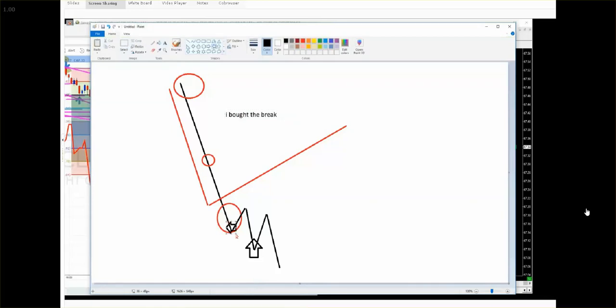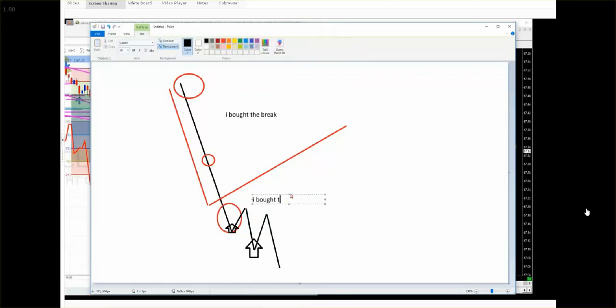And this, as I said, was an old-timers thing that anybody that was involved in the grain pits would always tell you about, if you ever knew any actual grain traders back in the day, back in the 80s. I bought the break. And then when it comes back in again, they say the second time, I bought the break.